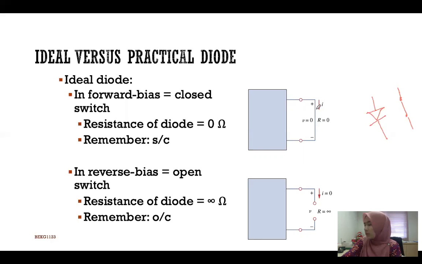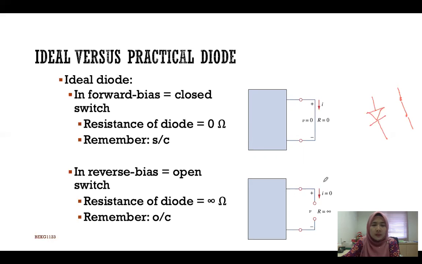That's why you have a straight line over here. So when you have a closed circuit like this, the resistance is equal to 0 and the voltage is equal to 0.